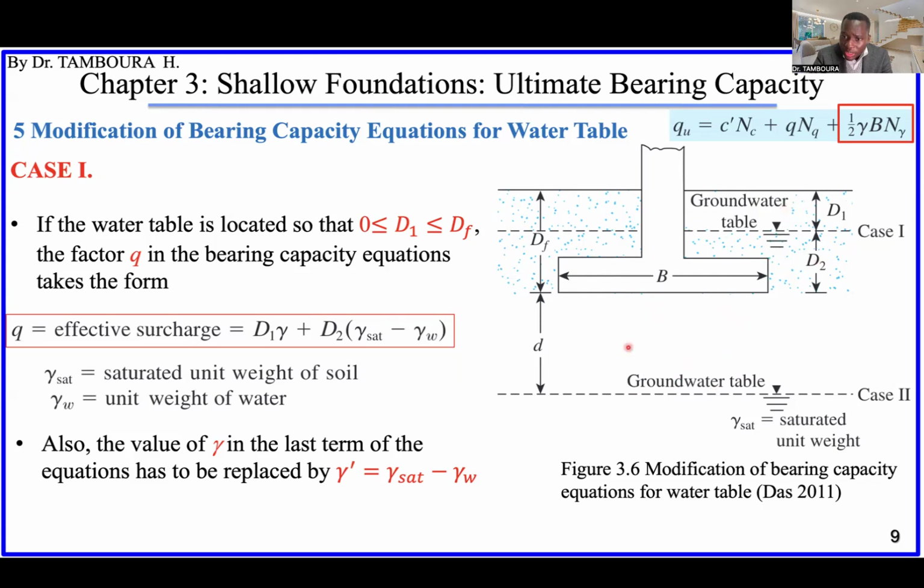In that case, the gamma sat here will be different from the gamma sat in this zone. So the gamma sat you see here in this equation is not always equal to the gamma sat here. But in case of uniform ground, it's the same. So this is what we have. This is the first case.